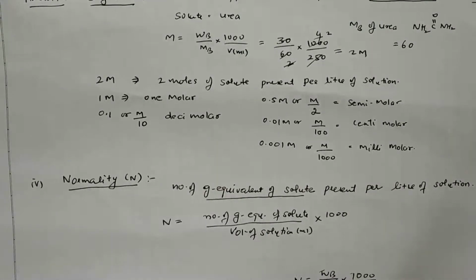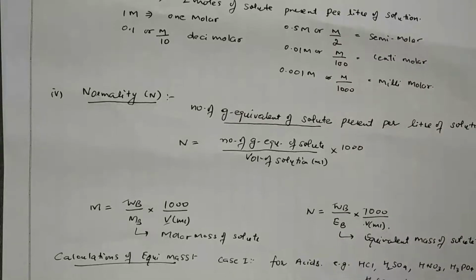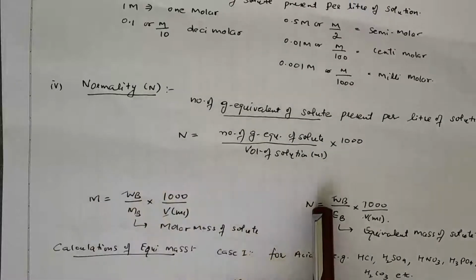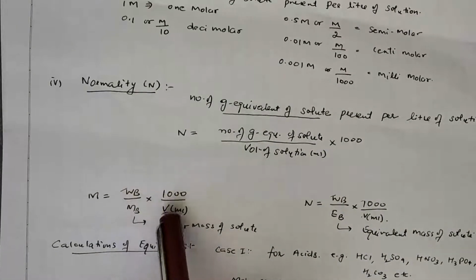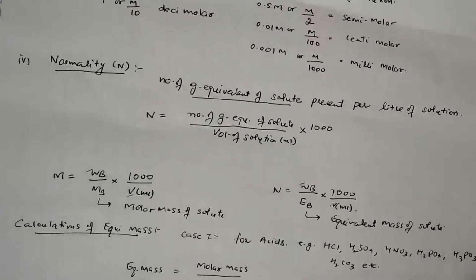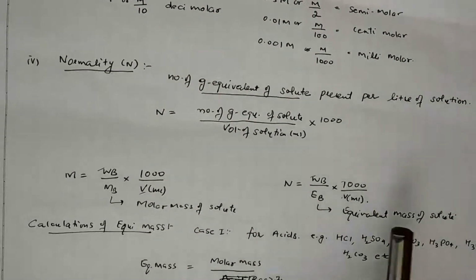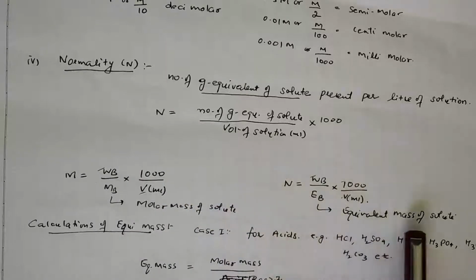It is calculated from the equivalent mass. If we compare molarity and normality, these are the formulas: WB upon MB, 1000 upon V, and WB upon EB. EB means the equivalent mass of the solute. The only difference is this: here we have the molecular mass or molar mass of the solute, and here we have the equivalent mass of the solute.